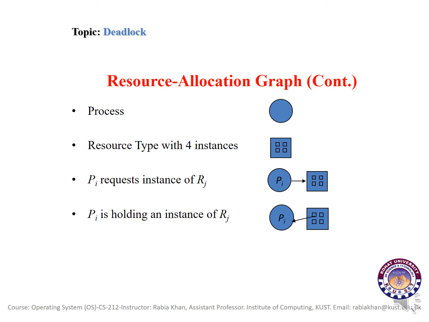As you can see, we have a big square, and inside the big square we have 4 small squares. You can also draw 4 small circles showing this resource has 4 instances. So if there would be 2 instances of a resource, you would draw 2 small squares inside the big square or 2 small circles inside the big square.